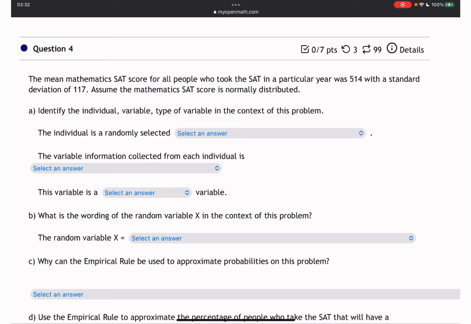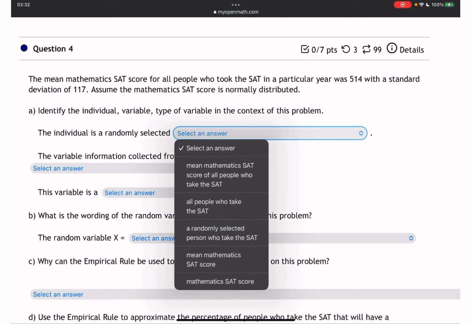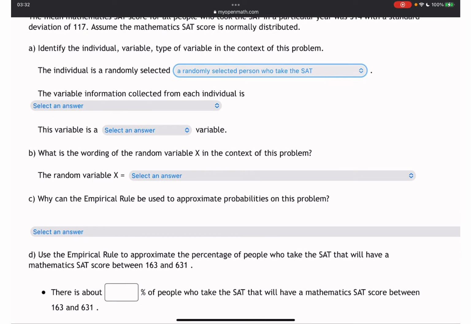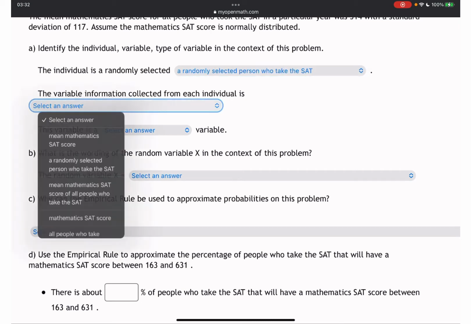Identify the individual variable type of the variable in the context of this problem. So it's going to be a randomly selected person who takes the SAT. Second question: the variable information collected from each individual is the mathematics SAT score.